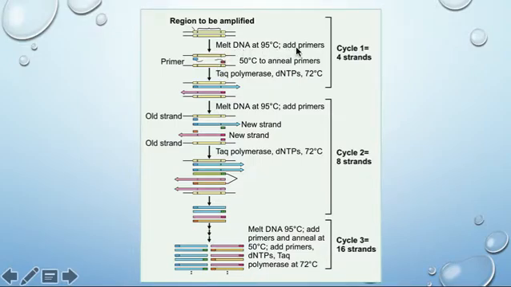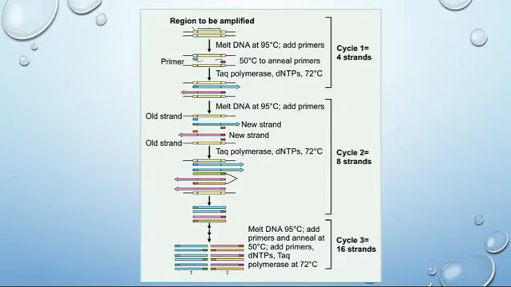Then you add the primers and at 50 degrees centigrade the annealing of the primers takes place. Now after that you add the Taq polymerase and the deoxynucleotides, and you extend at 72 degrees centigrade.